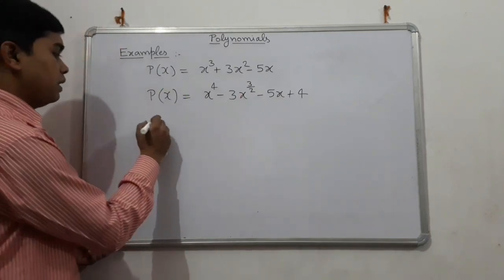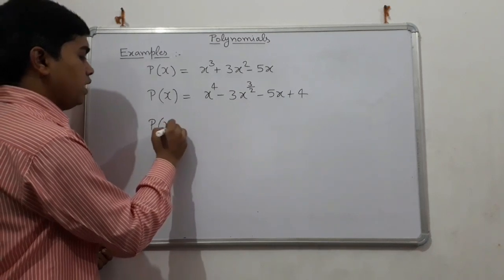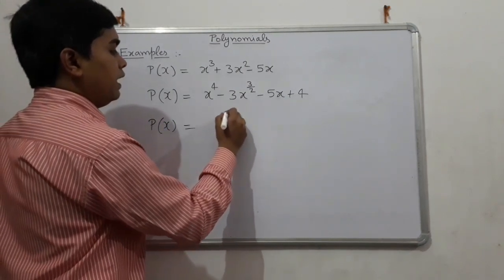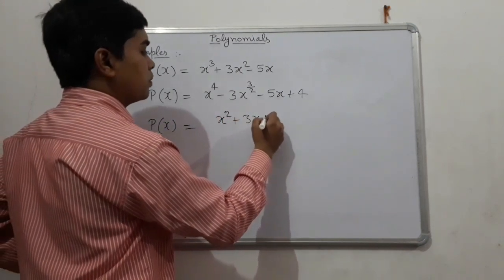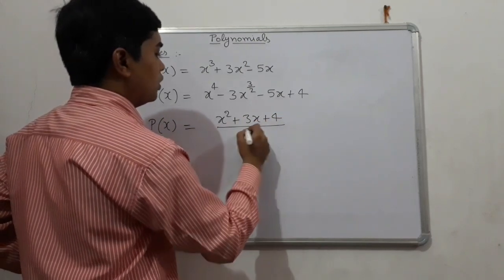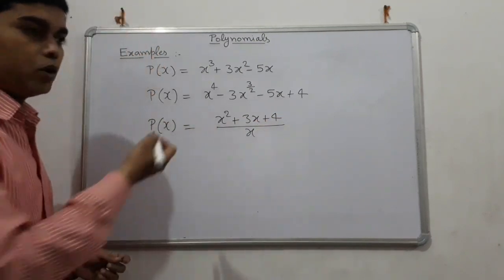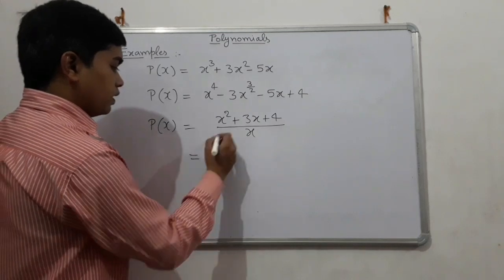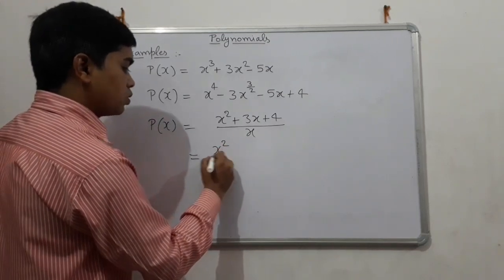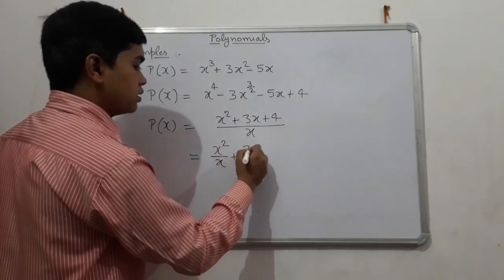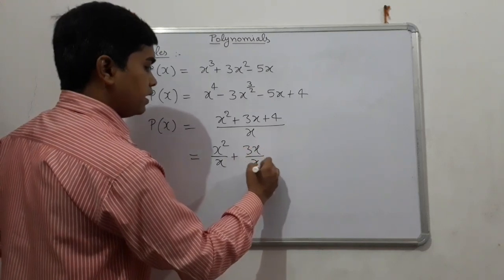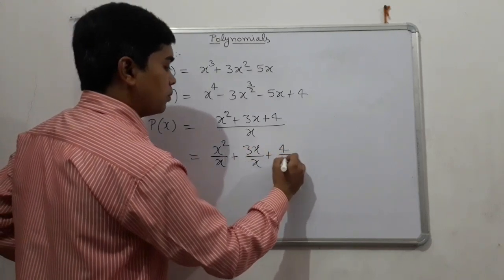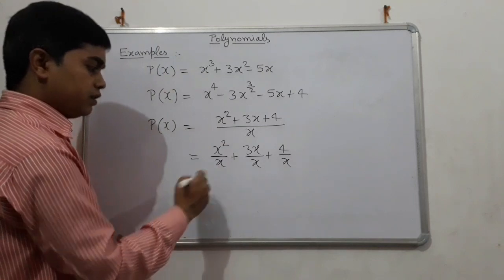One more example I am taking. Suppose you have p(x) is equal to x square plus 3x plus 4 whole upon x. Now what we can say about this? Children, see, you will write x square upon x plus 3x upon x plus 4 upon x. We can write like this.